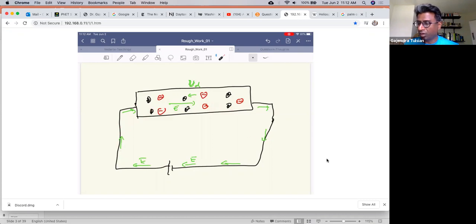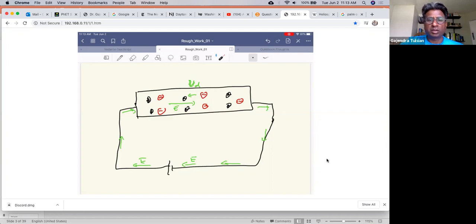Now we know that in conductors and metals, it's electrons that carry electric current. But we'll stick to the convention. The direction of the current is from the positive terminal to the negative terminal. So that's what's happening at a microscopic level.